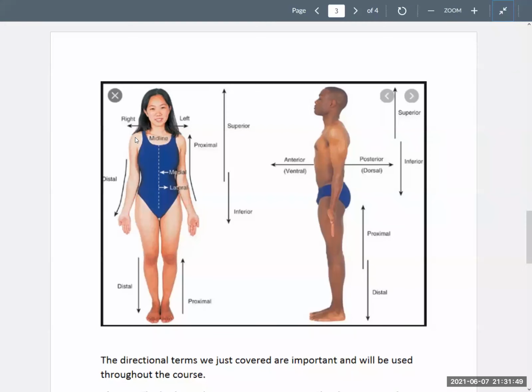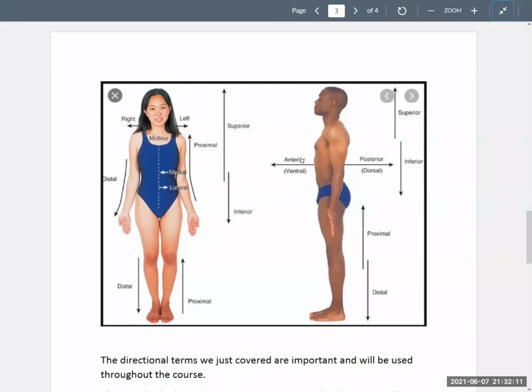Going away from the shoulder down an appendage is distally. Going back the other way towards this origin is proximal. In the leg, distal is towards the foot, proximal is towards the hip.